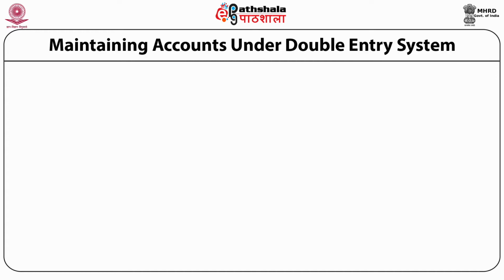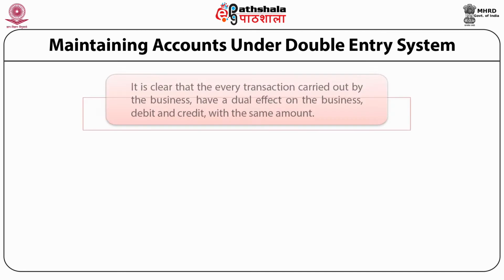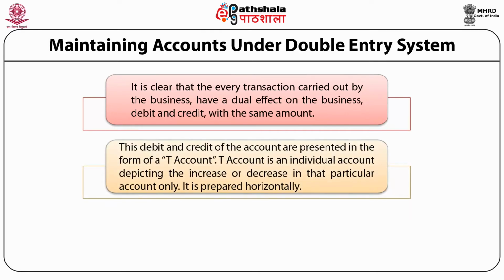Maintaining accounts under double entry system. It is clear that every transaction carried out by a business has a dual effect on the business, debit and credit with the same amount. This debit and credit of the account are presented in the form of a T account.